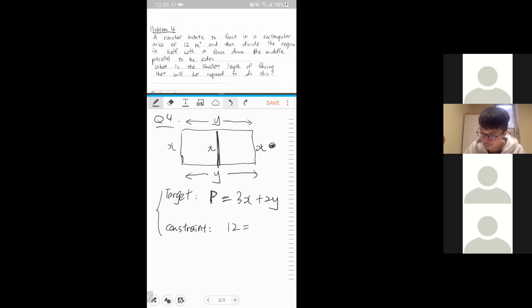So x times y equals 12. Now, using the constraint, you can isolate one variable. Again, it doesn't matter what variable you use, and in this case, it really doesn't matter. So I'm going to do y equals 12 over x. And then you plug this into the target function.